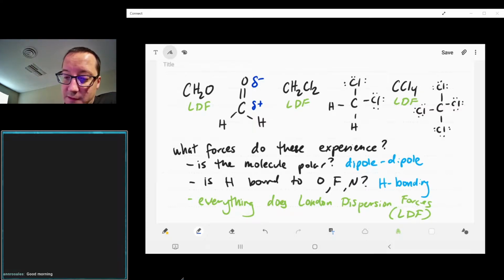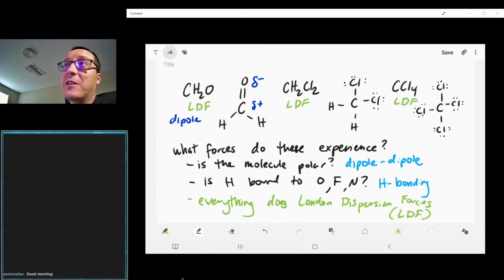And so as a result, because this has a dipole in it and is overall polar, we're going to say that this can also undergo the dipole forces. And then if we're going to ask, can this thing do hydrogen bonding, we have to ask ourselves, is there a hydrogen directly bound to oxygen, nitrogen, or fluorine in this molecule?